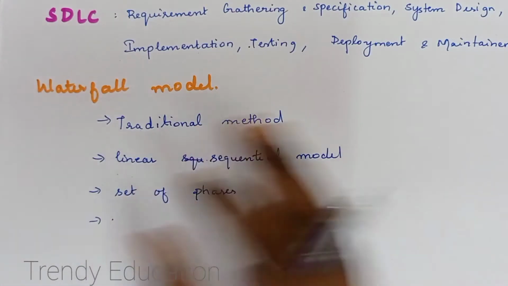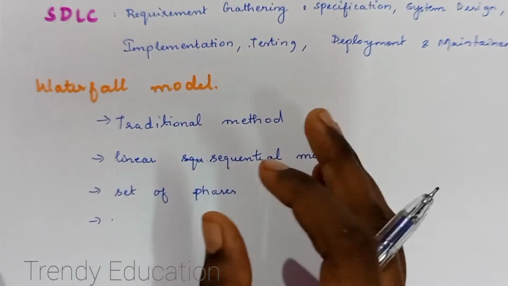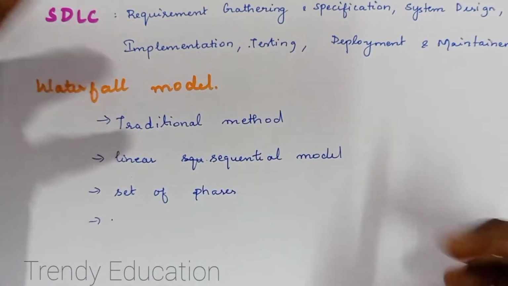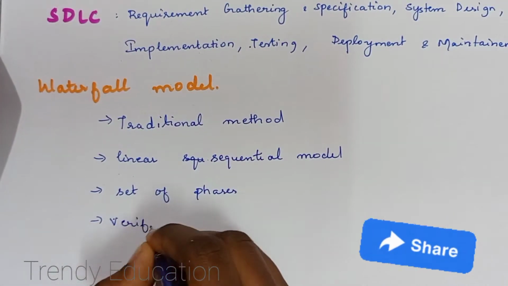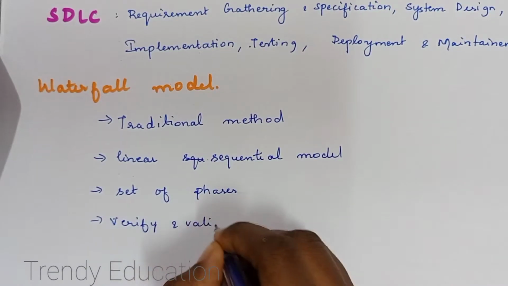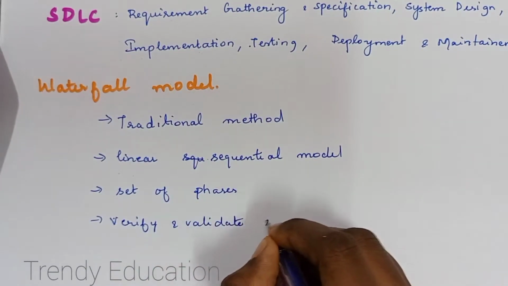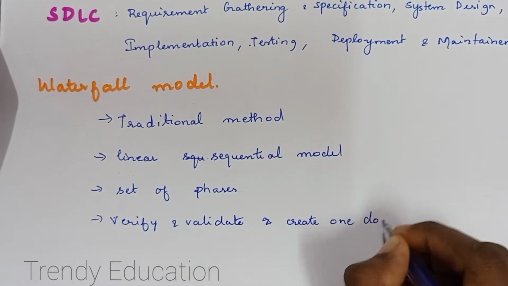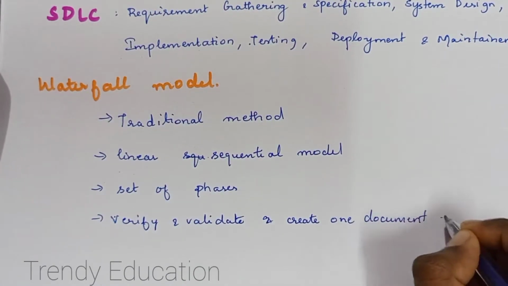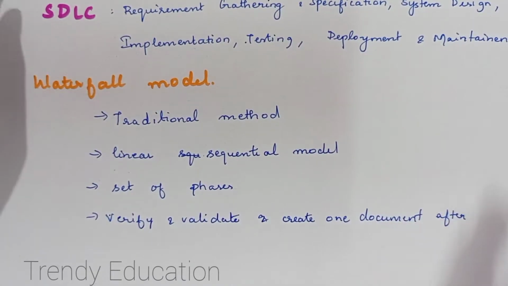When the first phase, that is the requirement gathering and specification phase, is complete, people will verify and validate it, and then they will create one document after each phase. This is one of the major characteristics of the waterfall model.